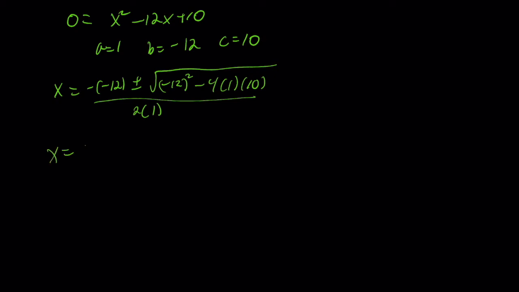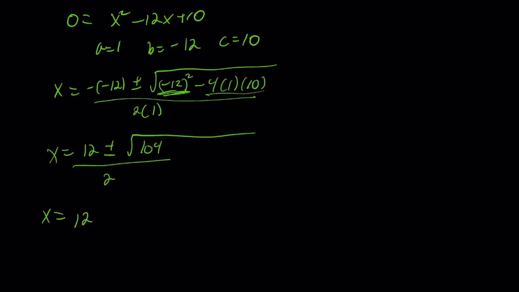This simplifies to x is 12 plus or minus the square root of 144 minus 40, which is 104, over 2. I have x equals 12 plus or minus the square root of 104 over 2. 104 is 4 times 26, so I can simplify this radical.